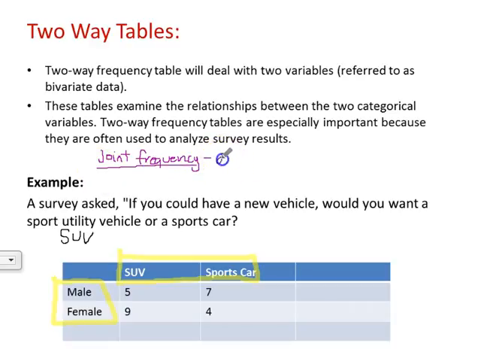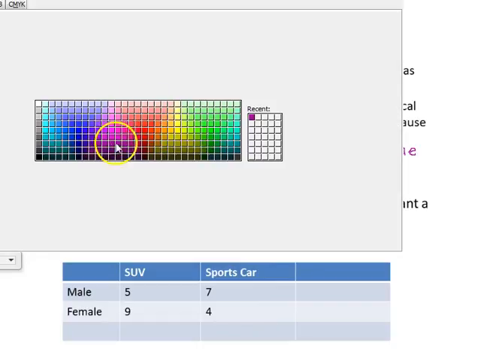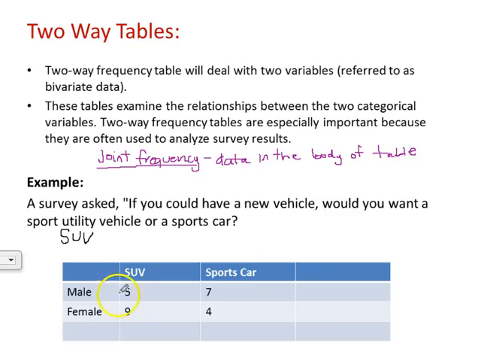This is the data in the body of the table. I'm going to erase this highlighted stuff so that we can focus on the joint frequency and which numbers those are. That would be these numbers right here, the data that's in the body of the table. That is our joint frequency.